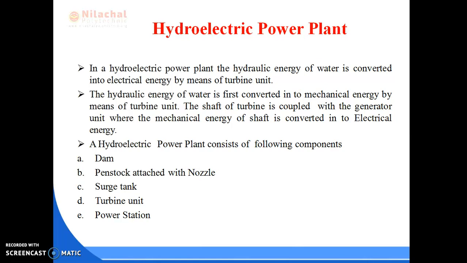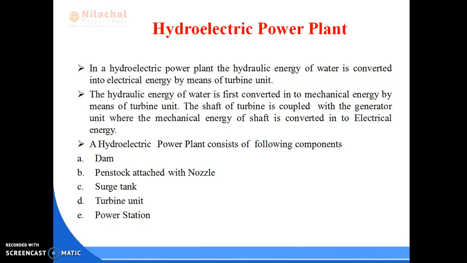In a hydroelectric power plant, we produce electrical energy from the hydraulic energy of water by means of a turbine unit. So how do we get electrical energy from hydraulic energy? First, the water enters the turbine unit, which we studied earlier.